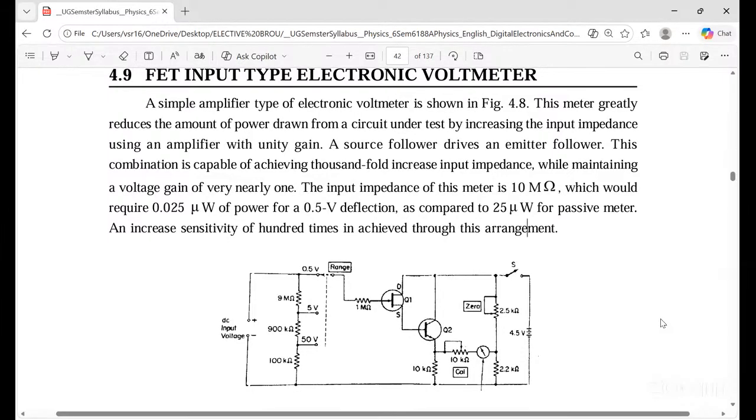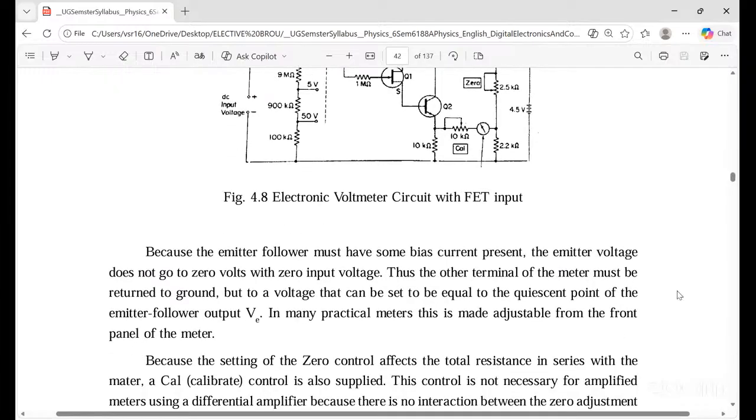The input impedance of this meter is 10 mega ohms, which requires 0.25 microwatt of power for 0.5 volts deflection, compared to 25 microwatt for a passive meter, and an increased sensitivity of 100 times is achieved. Here there is an emitter follower.